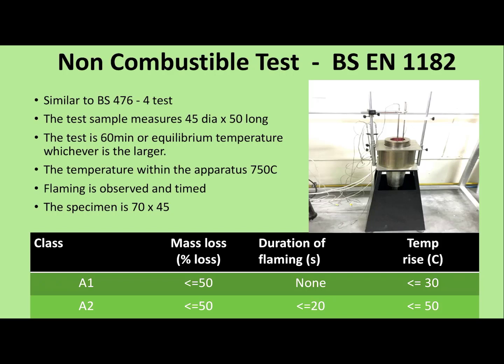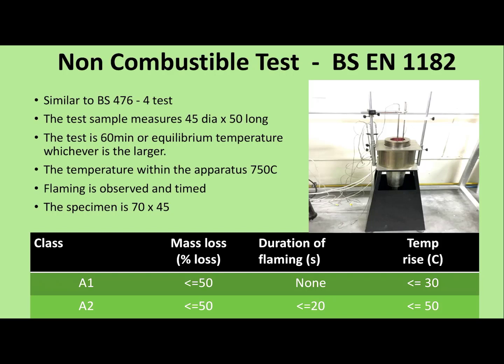And generally, if it's this type of product that's going to be non-combustible, then the majority of that weight loss will be water at that particular temperature. So it's allowed to lose 50% of its mass, and at all stages the furnace temperature is monitored, and any temperature rise above that 750 degrees will be down to the contribution of the sample, and that is different for both products.